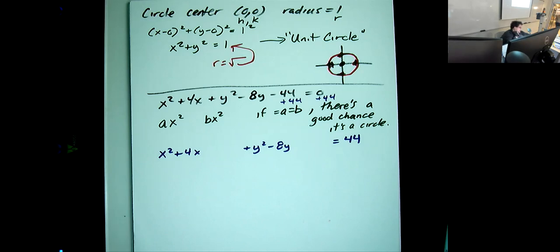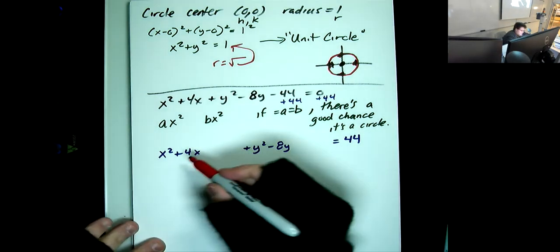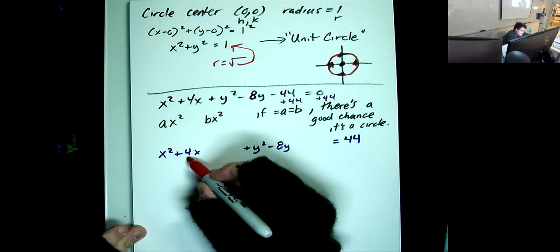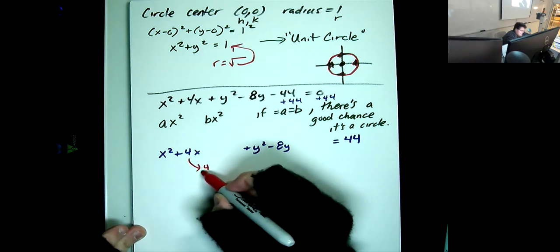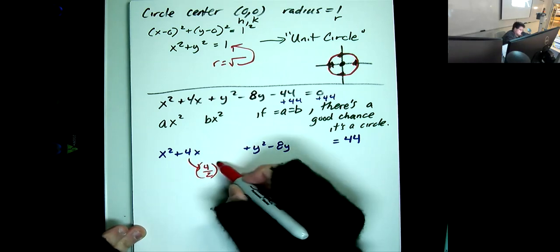We did this with completing the square the other day, last week, or the week before, to find the solutions for problems. If I complete the square here, as a reminder, we take that, we divide it in half, and we square it.